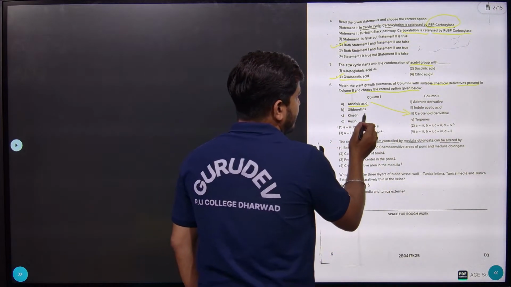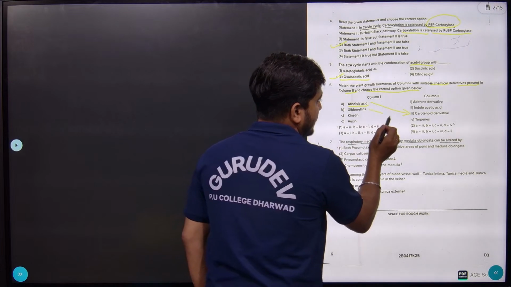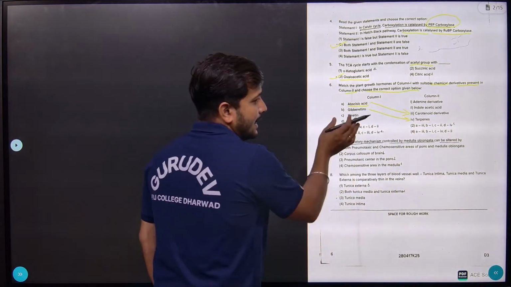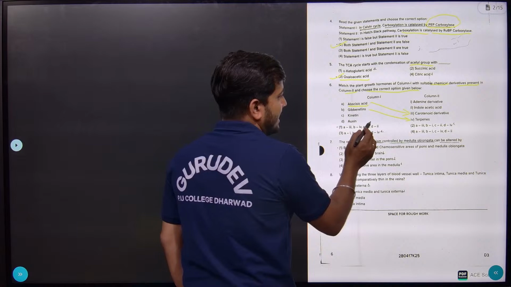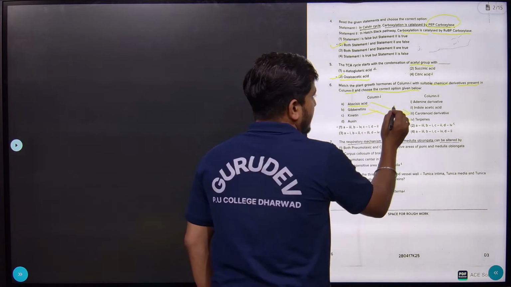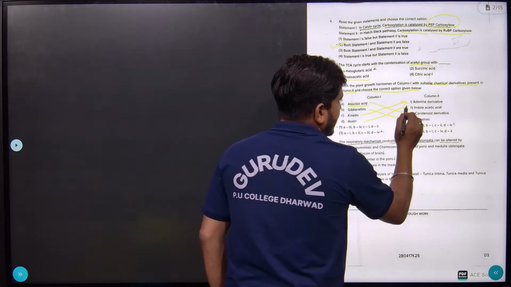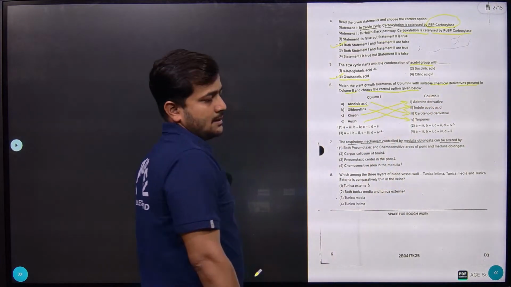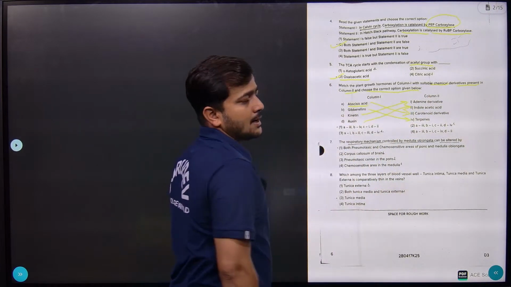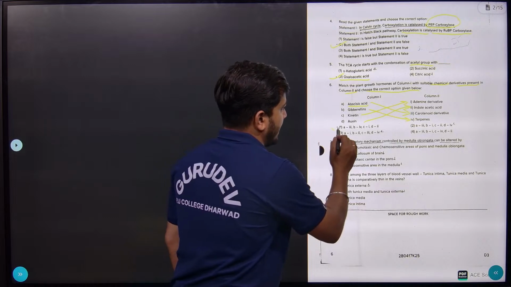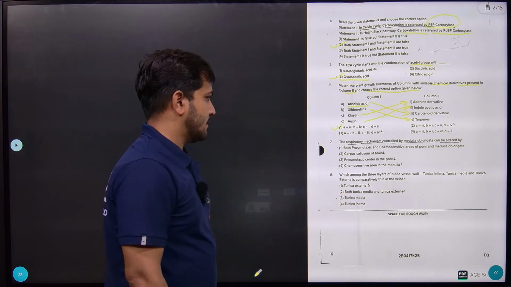Gibberellins are derivatives of terpenes. Kinetin is an adenine derivative. Auxin is a derivative of indole acetic acid. Based on this match, option E, the first one, is correct.